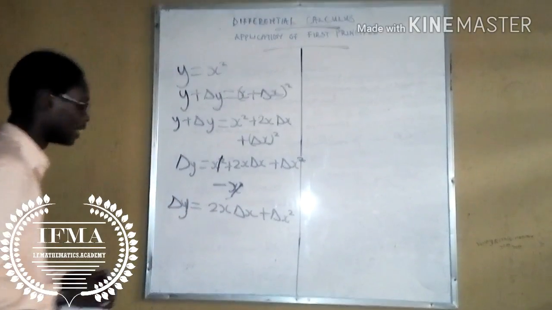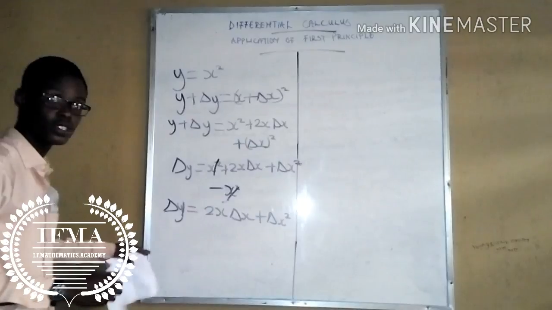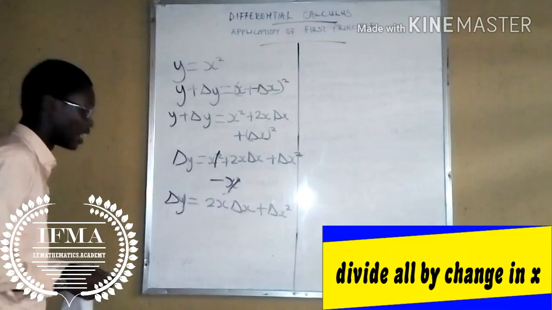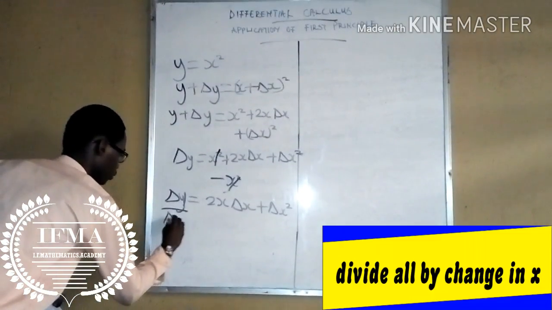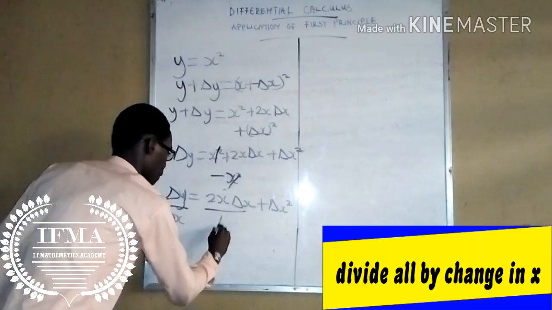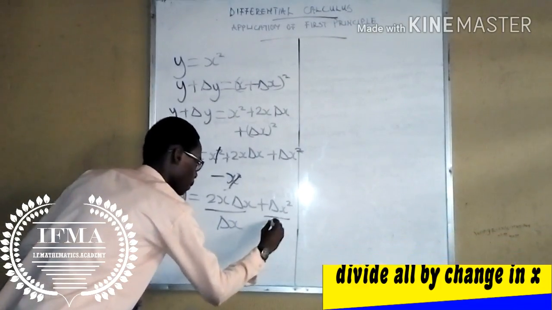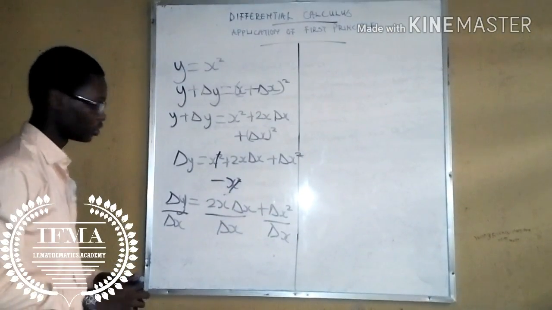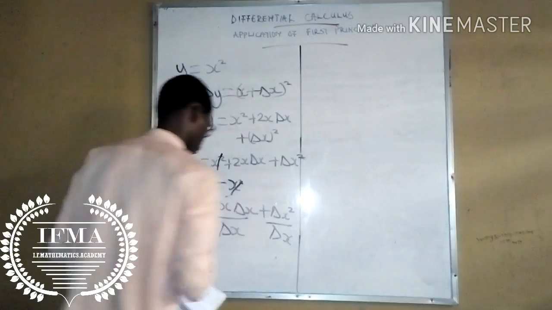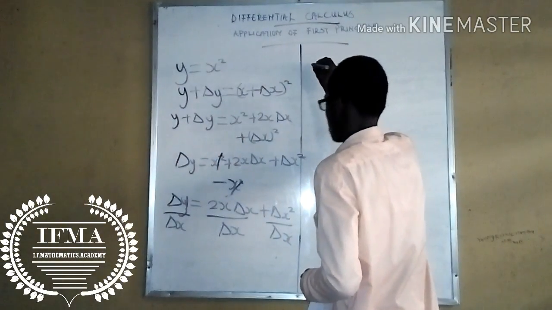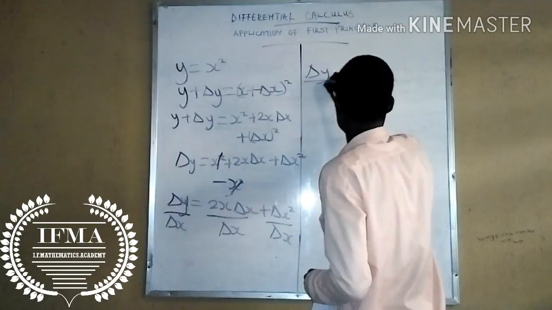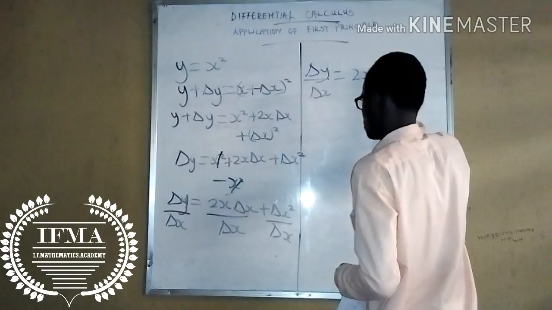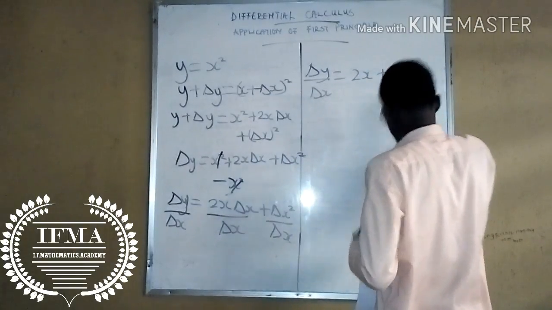So now, applying the first principle method, we are going to divide both sides of the equation by the change in x, or delta x. After dividing both sides of the equation, we should get this.